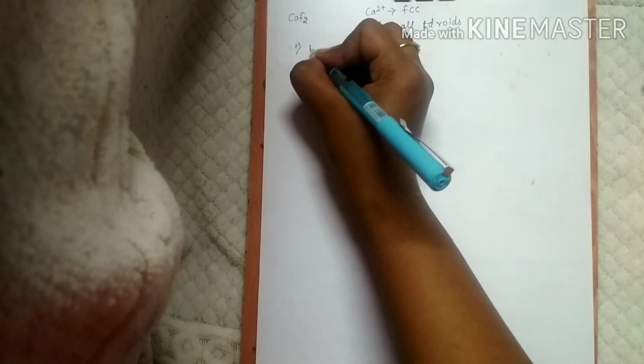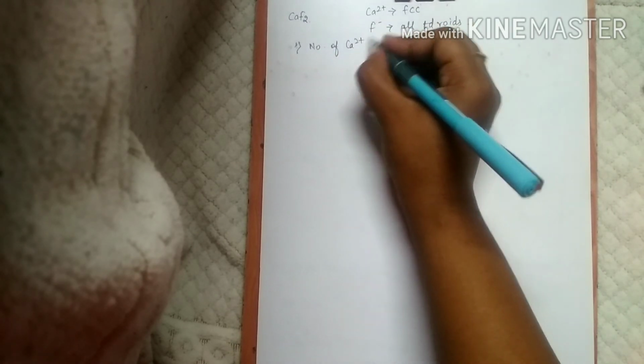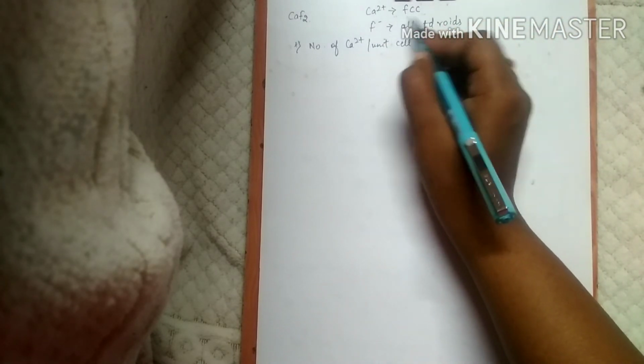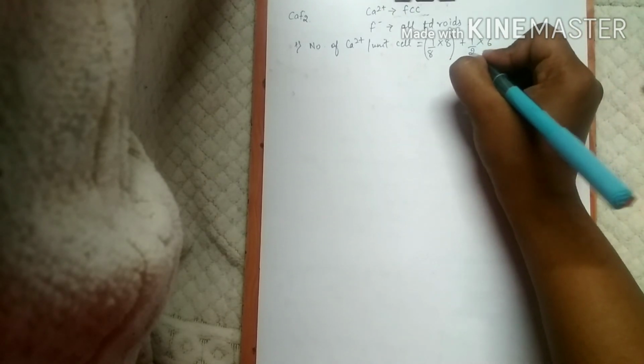So I'm directly going on to the characteristics. First is the number of Ca2+ per unit cell. See, Ca2+ is occupying FCC, so 8 atoms will be present at the corners, each contributing 1/8, plus 6 atoms at the face centers, each contributing 1/2, so it comes out to be 4.